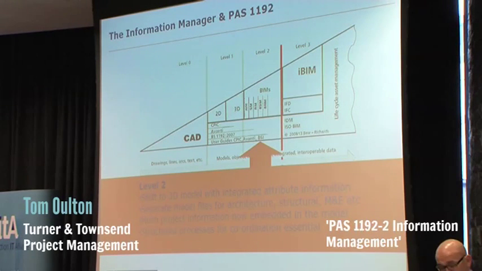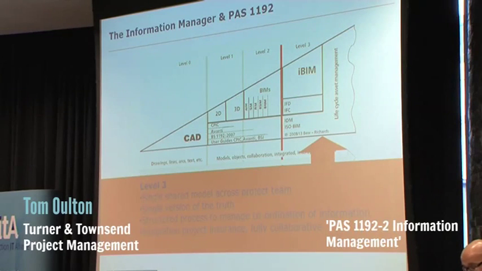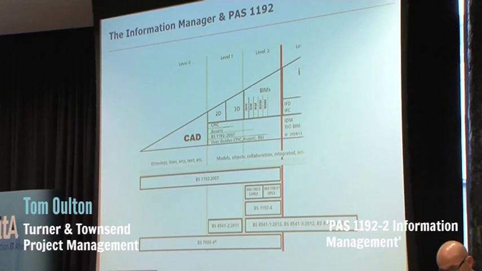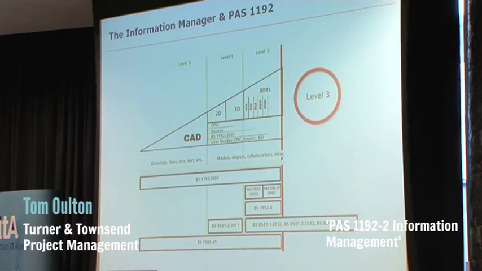And then we have level 3, which is the single shared model across a project team, everybody working in the same place at the same time. It's a fully structured information process to manage and coordinate the information. It's integrated with project insurance, it's fully collaborative, which is lovely, absolutely grand. But level 3 doesn't exist. It's just a concept at the moment.